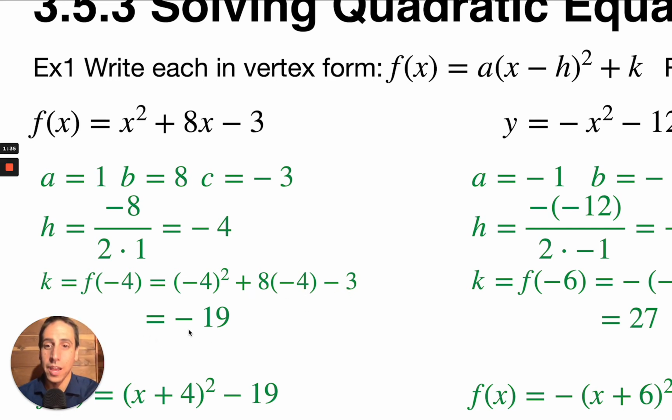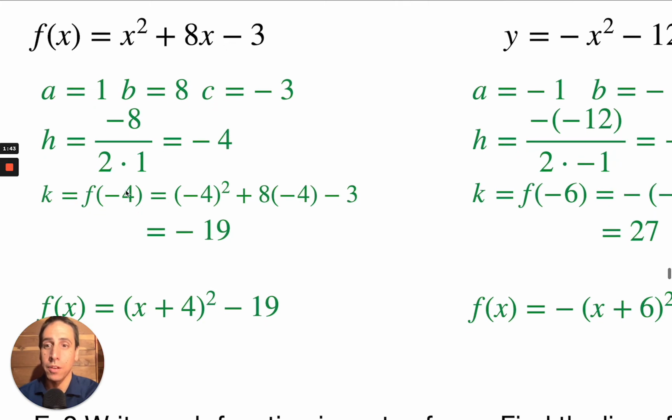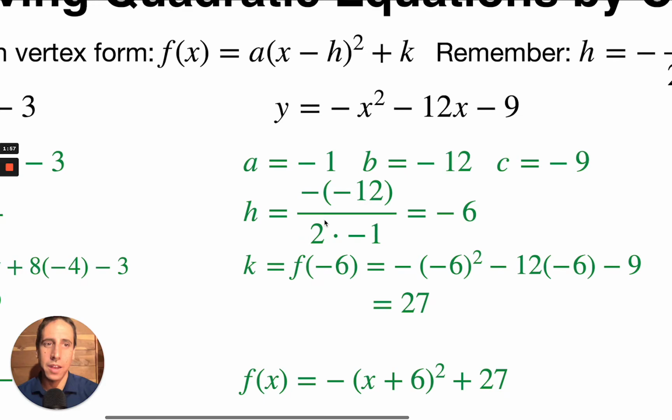That all comes out to negative 19. The k value for this function is negative 19, meaning that if you graphed this parabola and you graphed this parabola, they'd be the same functions. They'd occupy the same space on the graph. And furthermore, you would know that the vertex is at negative 4, comma, negative 19, which can be super helpful information to know at times.